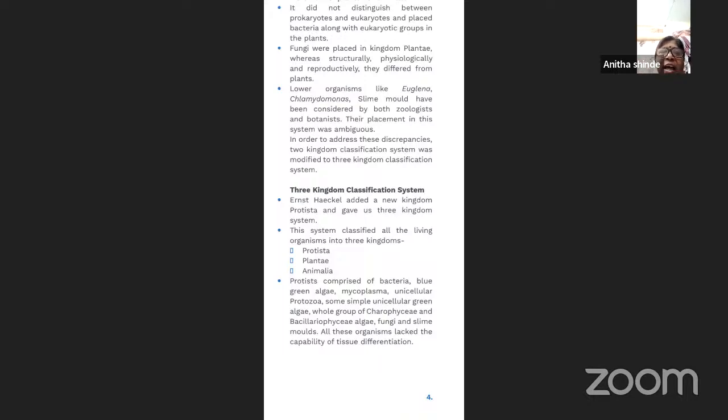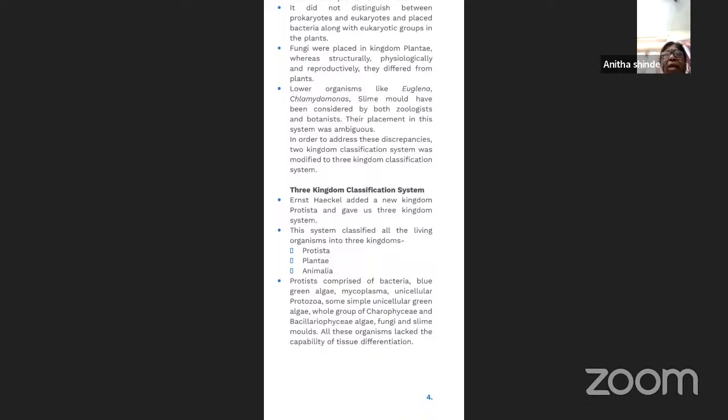So in the Protista, he actually grouped all these organisms. Like he included bacteria, blue-green algae, mycoplasm, some unicellular protozoa, some simple even unicellular green algae, then some charophyceae as well as bacillophyceae algae, fungi, slime molds. All these organisms do not possess tissue differentiation.